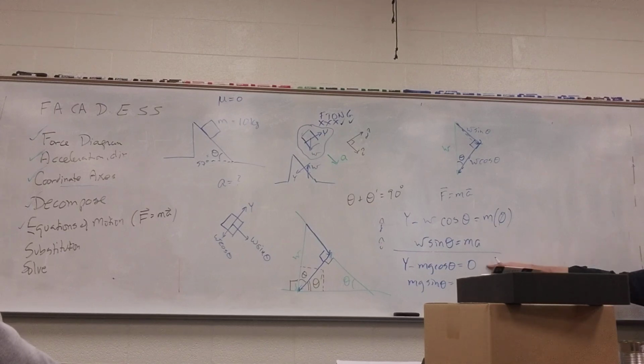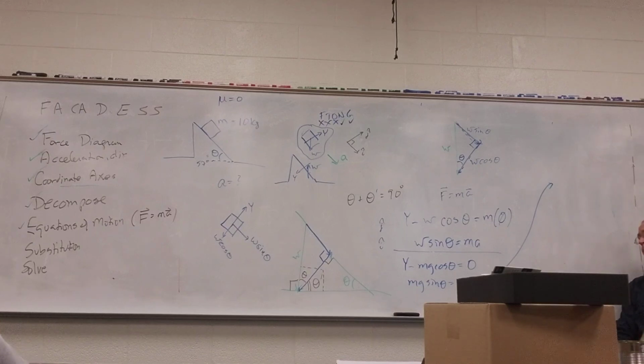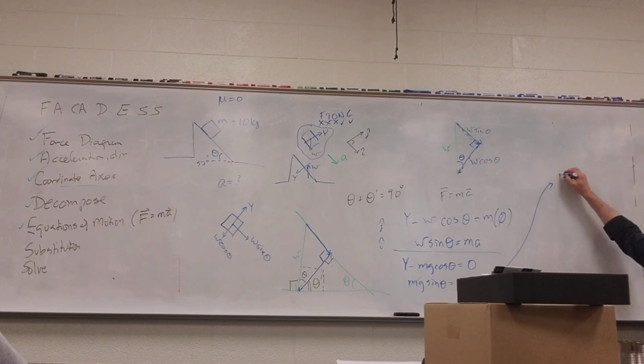The first equation here is not going to affect us. We're going to add friction after this, and then this will matter, but we're not there yet. So from this one right here, since we're solving for acceleration, can we simplify it at all? Yes. I have mass in common. It is a factor in every term, so I can cancel it out. And I'm left with a formula for acceleration is equal to g sine theta.